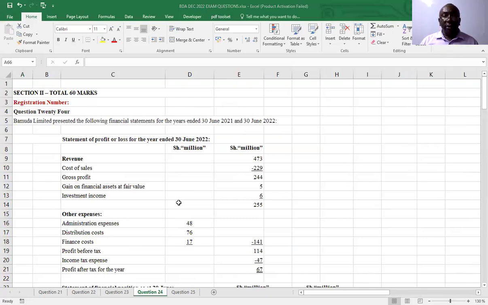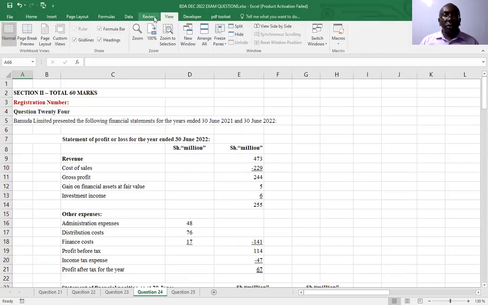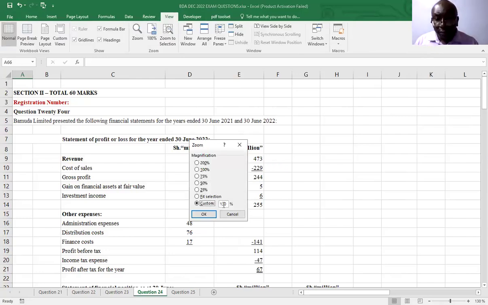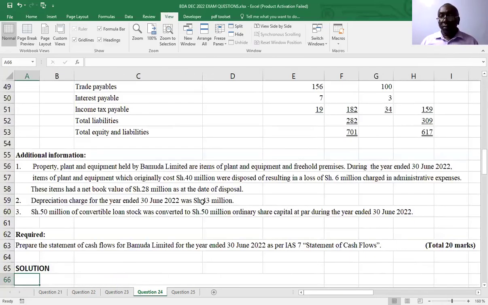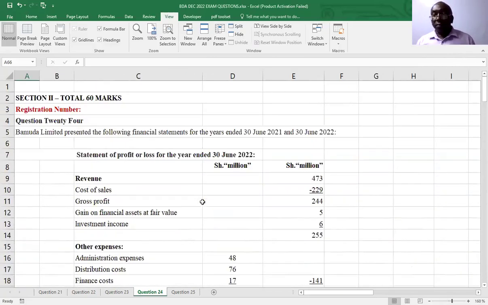Okay. So I increase my font. That good, Alice?